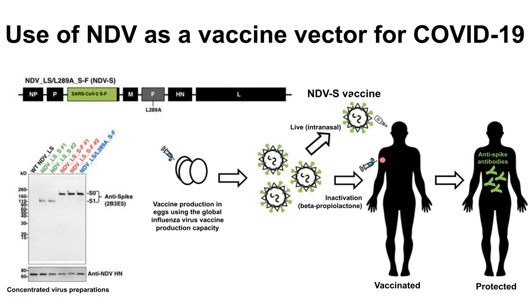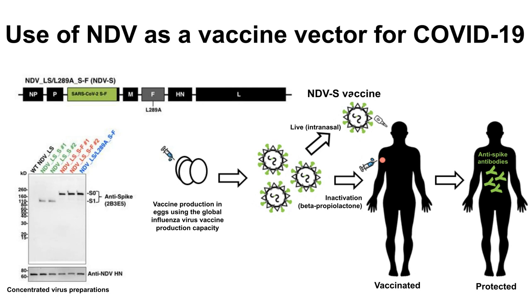What we achieve with that is incorporation of the spike protein of SARS-CoV-2 into the envelope of the Newcastle disease virus. So the Newcastle disease virus vectors not only express a spike when infecting a new cell, but also have the spike decorating the virus surface.